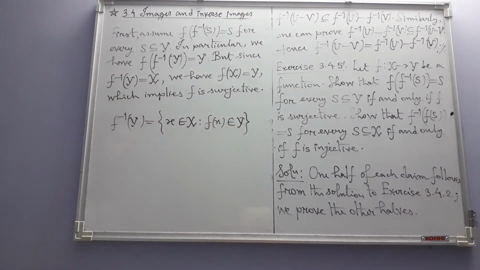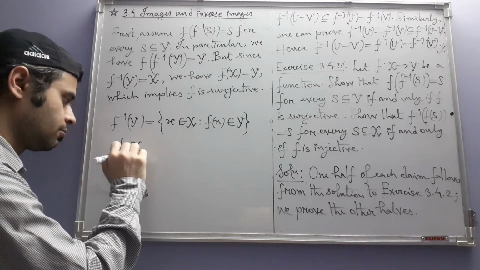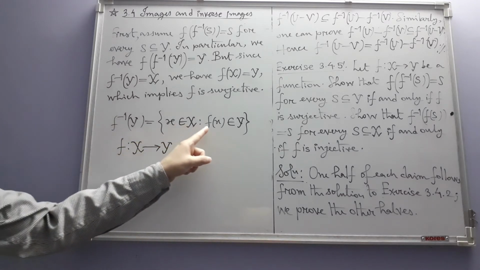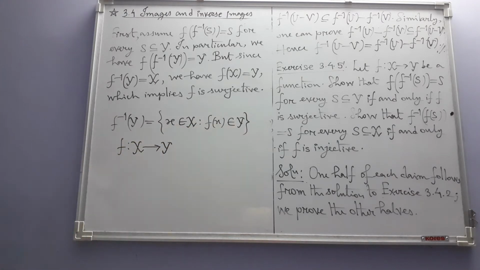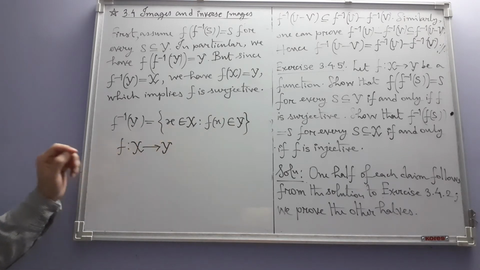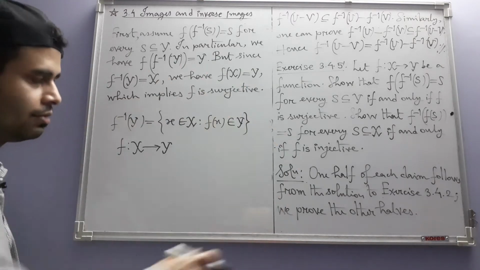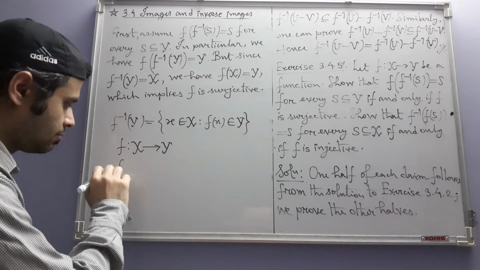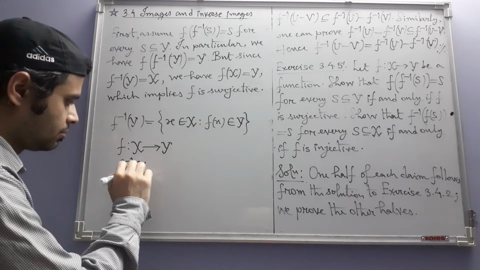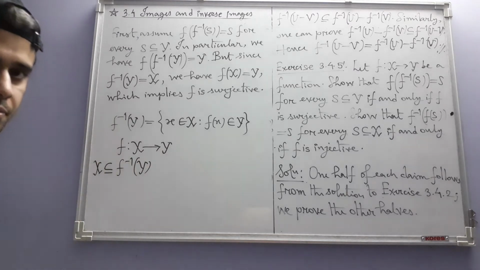Okay, but since the function has Y as its range, every output anyway will belong to Y, irrespective of what the input is. So that means all the elements of X belong to this inverse image. In other words, the inverse image contains X as a subset.